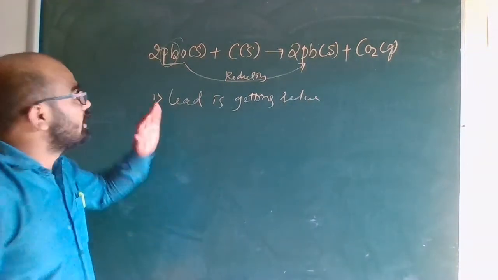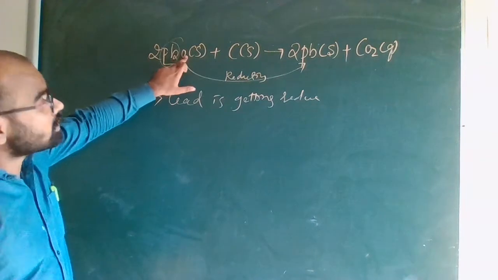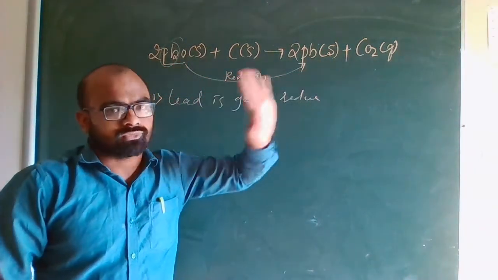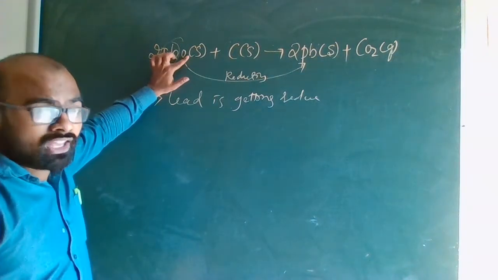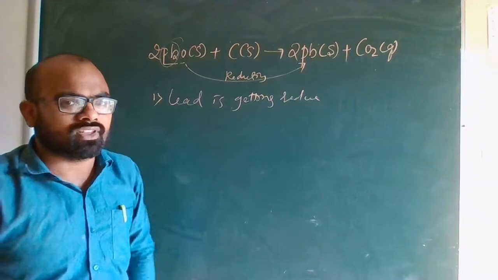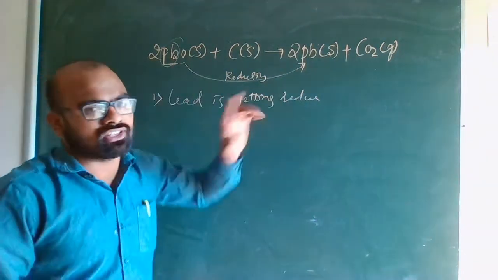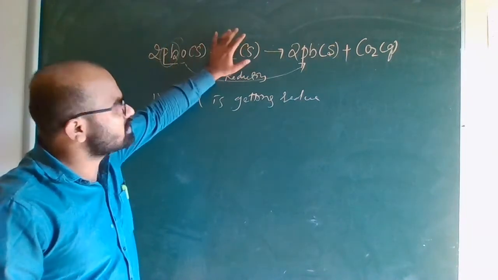Here lead is not getting reduced. Many of you get confused. Lead oxide is getting reduced. This is not lead, it is lead oxide. If it says lead oxide is getting reduced, then it is correct. But saying lead is getting reduced is not correct, because lead is not present among the reactants. This is carbon.